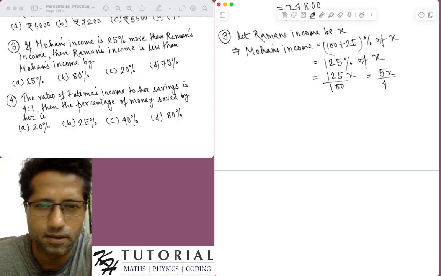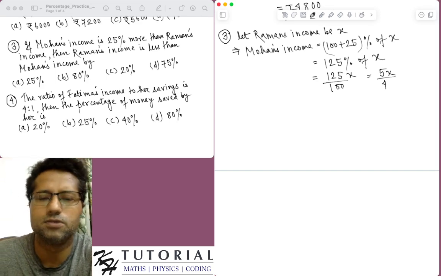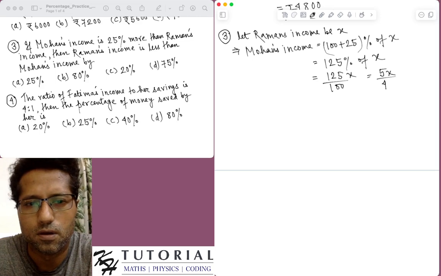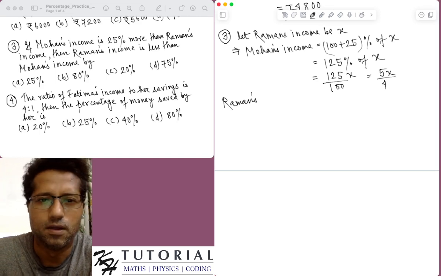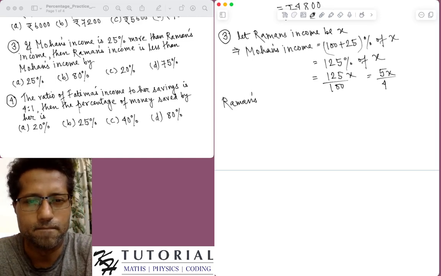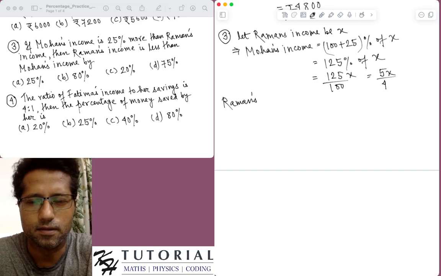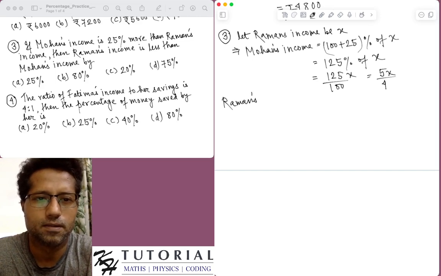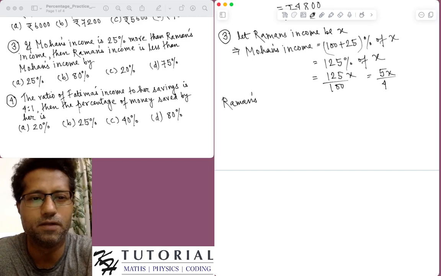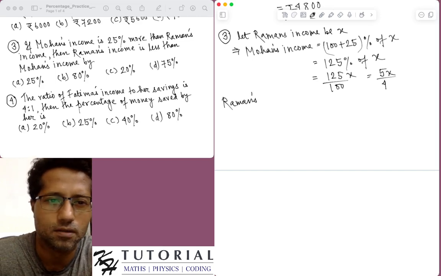Now it is asking, then Raman's income is less than Mohan's income by. Remember that it is asking to find what percent Raman's income is less than Mohan's income. So it is asking to find the percentage of the difference between Raman's and Mohan's income based on Mohan's income.